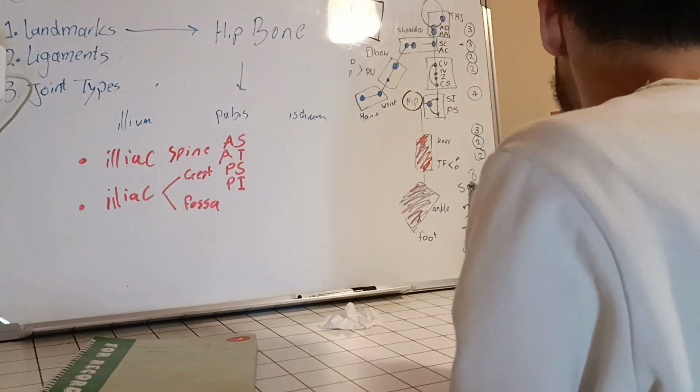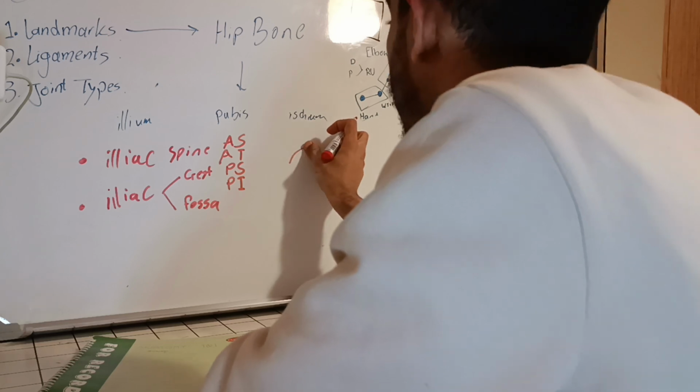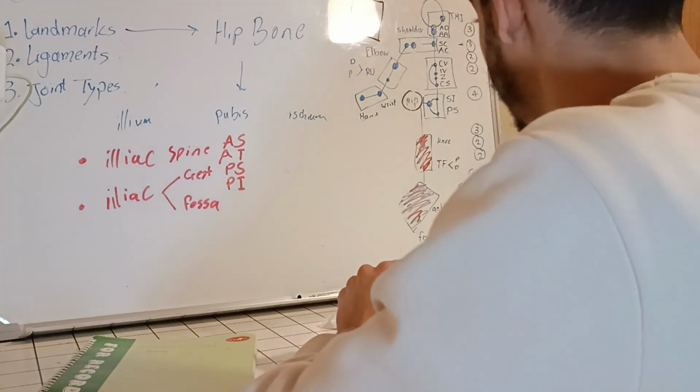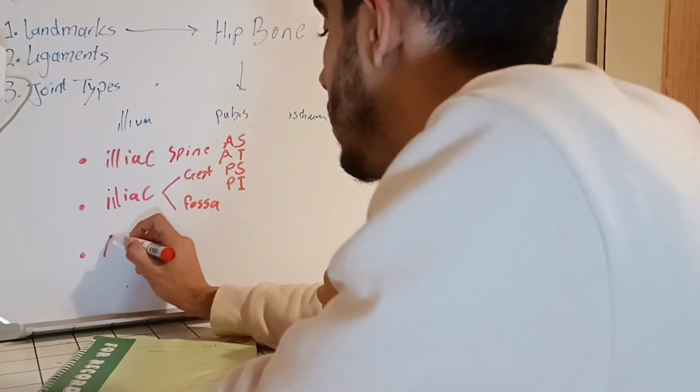So basically, the crest is the outer part, and the fossa is the inner part. Crest and fossa.